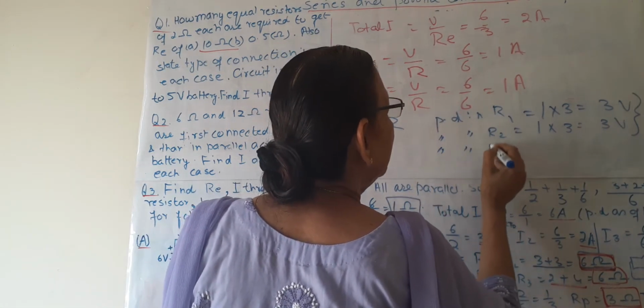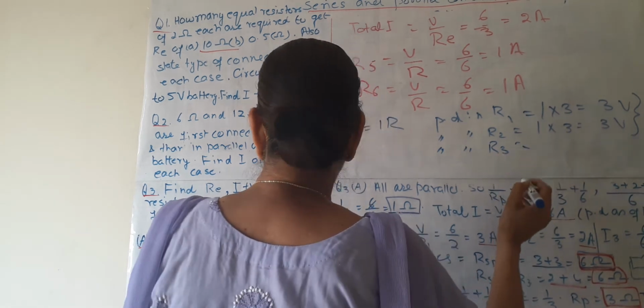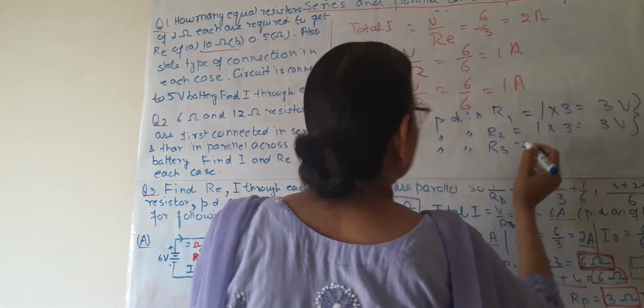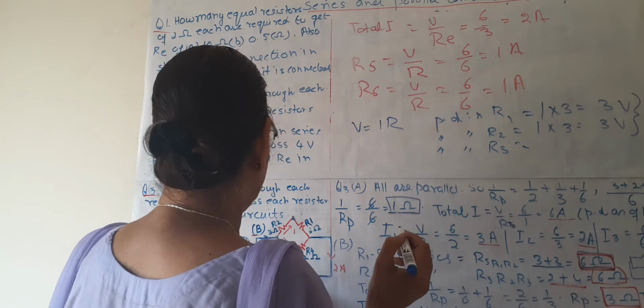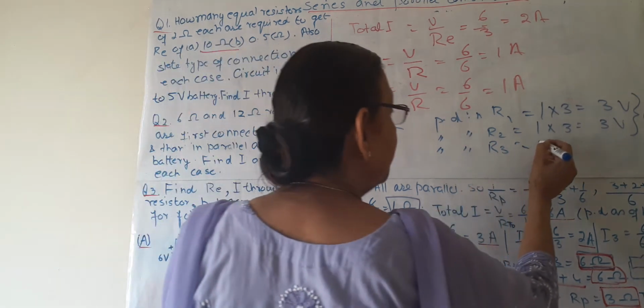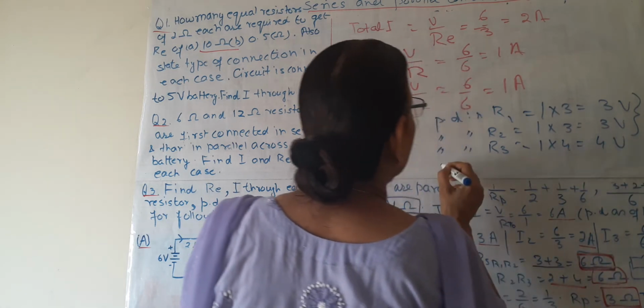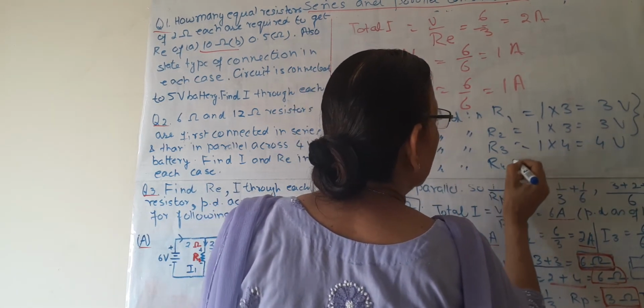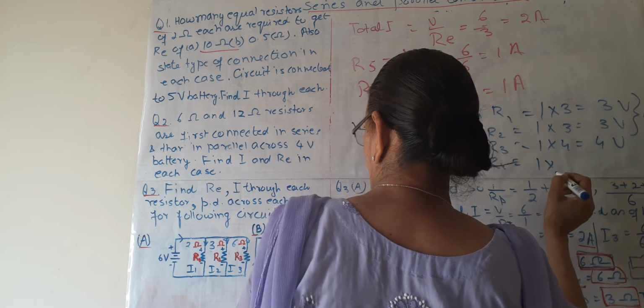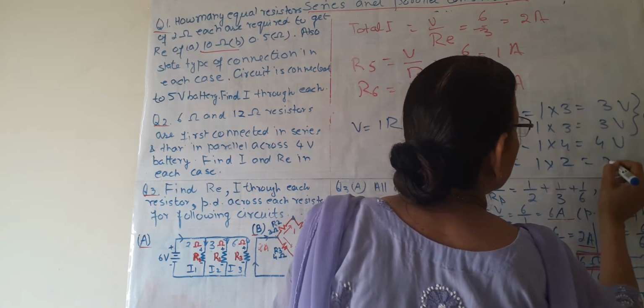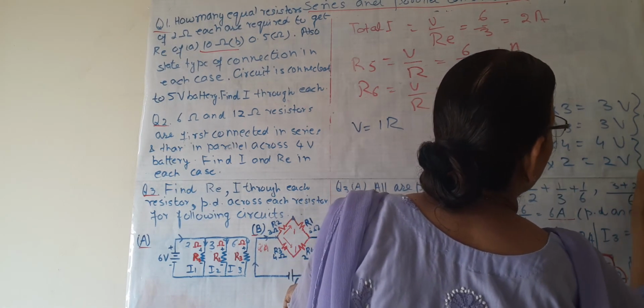Likewise PD in R3 will be, the current here is 1 and resistance is 4, so 4V. PD in R4, current here is 1 and resistance is 2, so 2V.